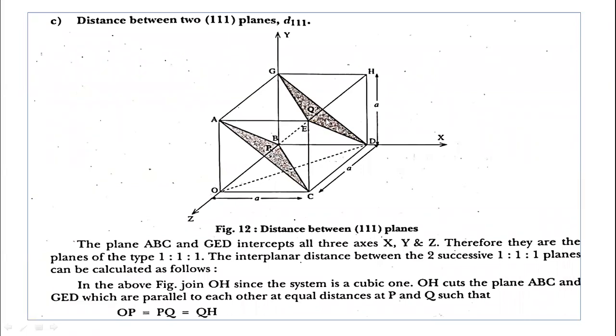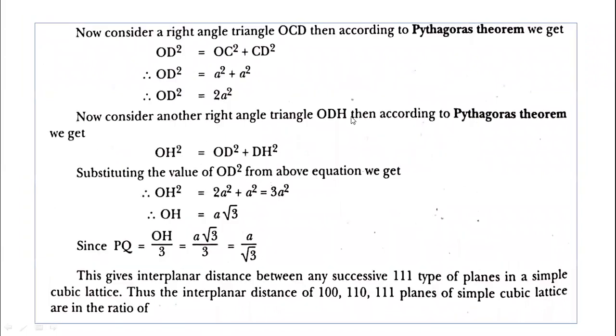Since OP equals PQ equals QH, PQ is OH upon 3, so A into root 3 divided by 3 gives A upon root 3. This gives the interplanar distance between any successive 111 planes in a simple cubic lattice. The distance between two 111 planes is A upon root 3.